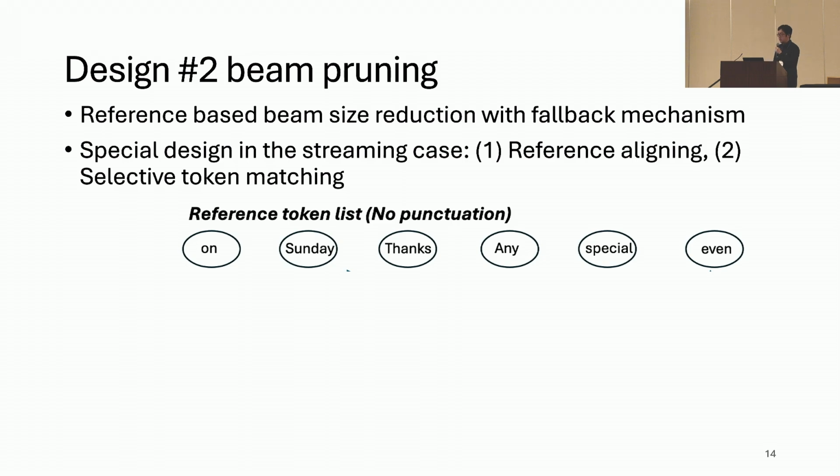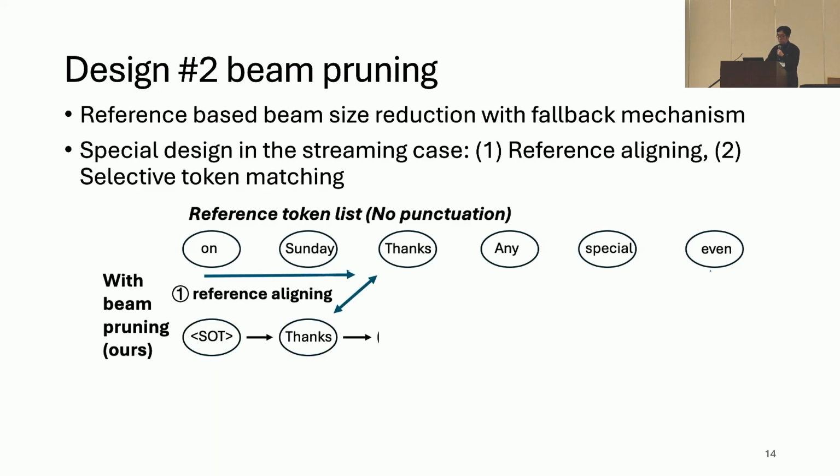And the second design, beam pruning, targets the decoding inefficiency problem. It is a reference-based beam size reduction method with a fallback mechanism. We take the first round transcription result as the reference, and when the new decoding starts, for the first token, we first do reference aligning, because the consecutive rounds of the sliding window audio buffer are not necessarily aligned.